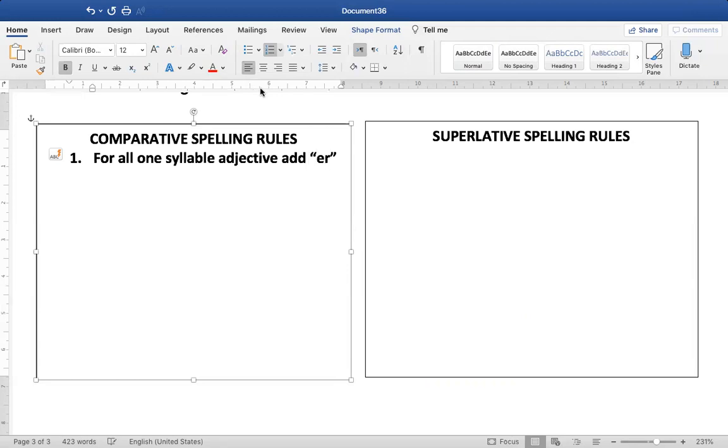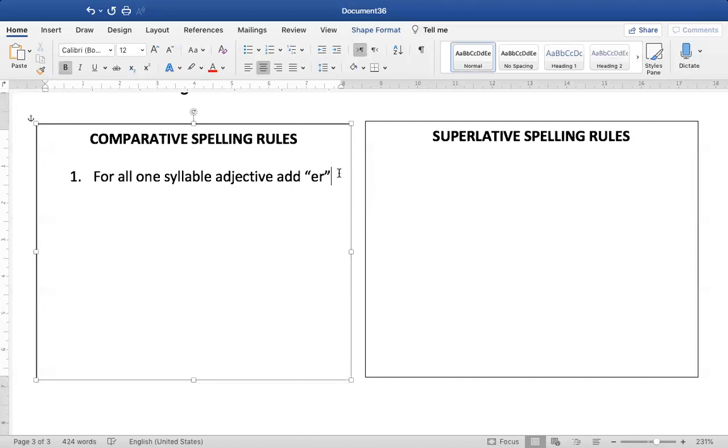So for all one-syllable adjectives in the comparative form, add ER. So, for example, we can say nice. That will become nicer.